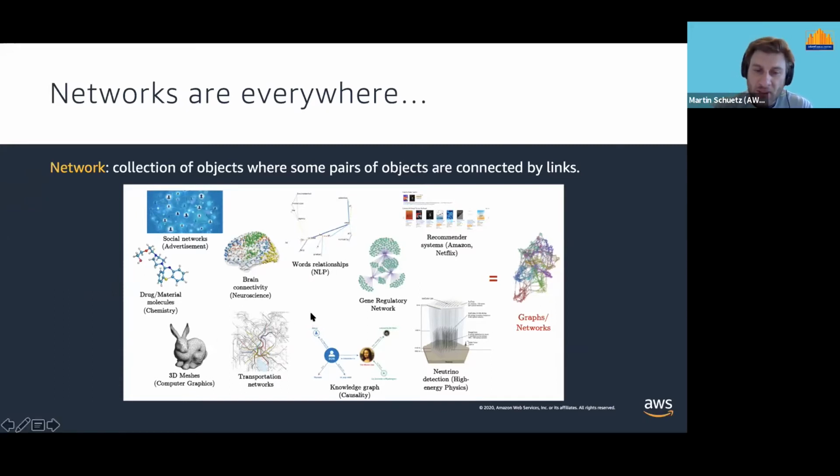Then again, a completely different application area: obviously, you can model transportation networks as a graph, where, for example, the nodes in your network correspond to bus stops and edges correspond to streets, roads connecting these bus stops, and so on and so forth. Really a gigantic plethora of real-world scenarios that fall into this broad class of networks.